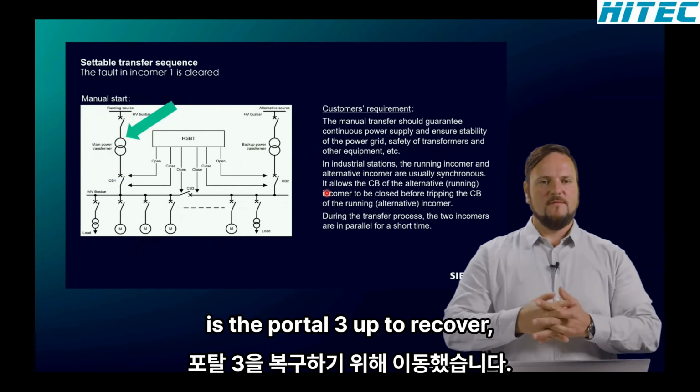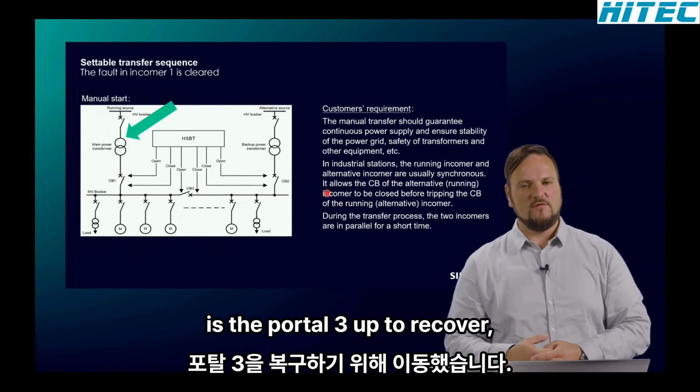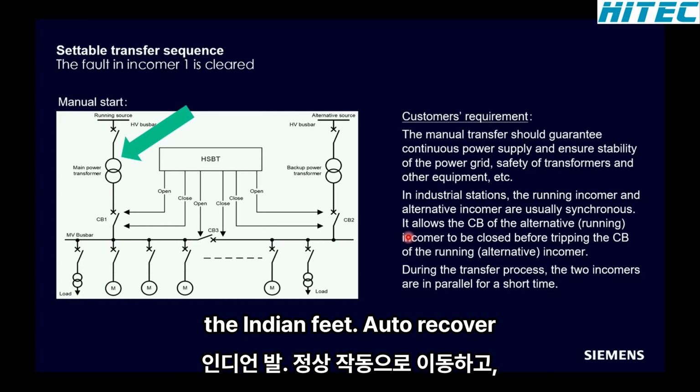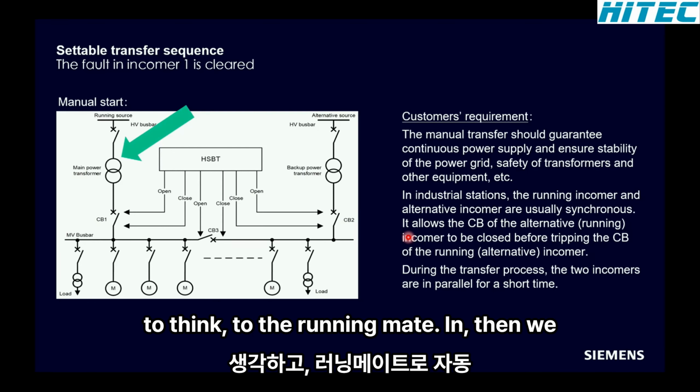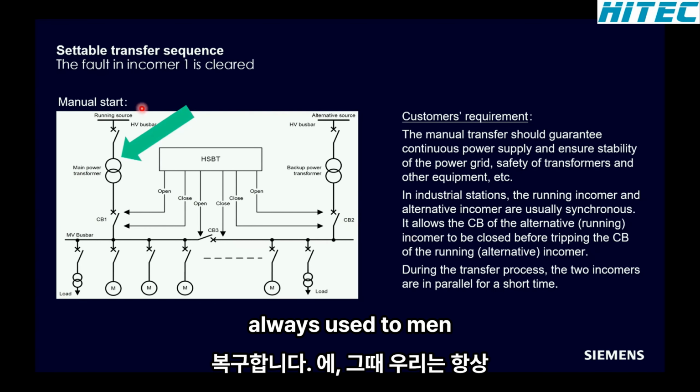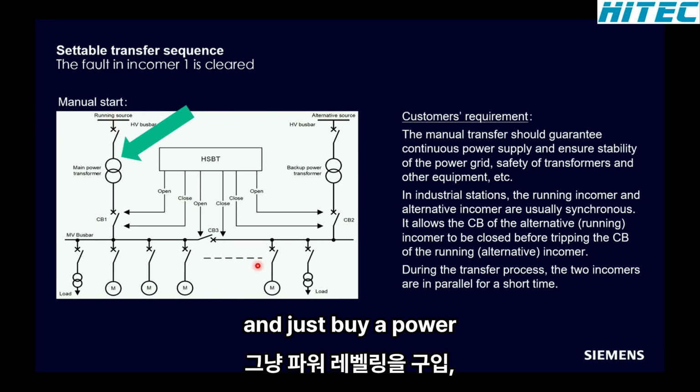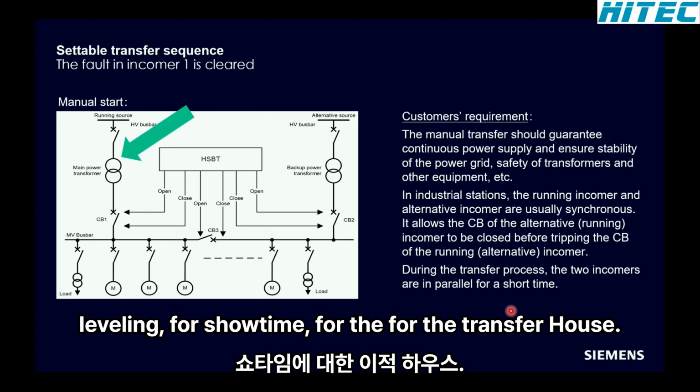If the fault is cleared, to recover the in-feed or to go to normal operation, we switch back from an alternative incomer to the running main incomer. Then we always use the manual start, and this is done by paralleling for a short time for the transfer.